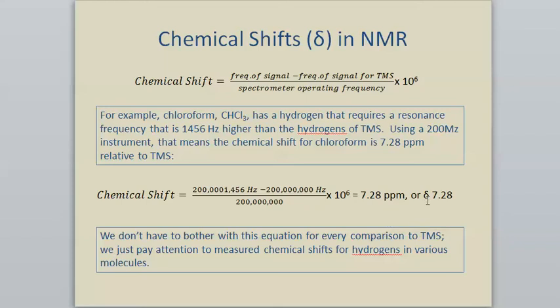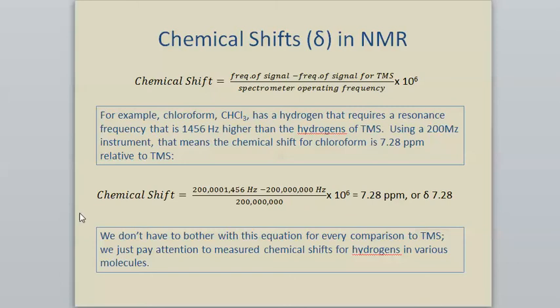Sometimes you see the little delta in front of that 7.28 to indicate what it is a measurement of, and that is uniquely characteristic of chloroform. Only the hydrogen in chloroform would give this particular resonance.